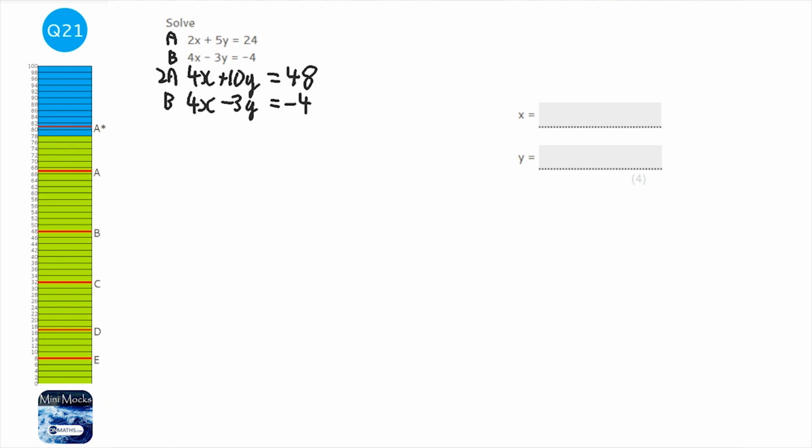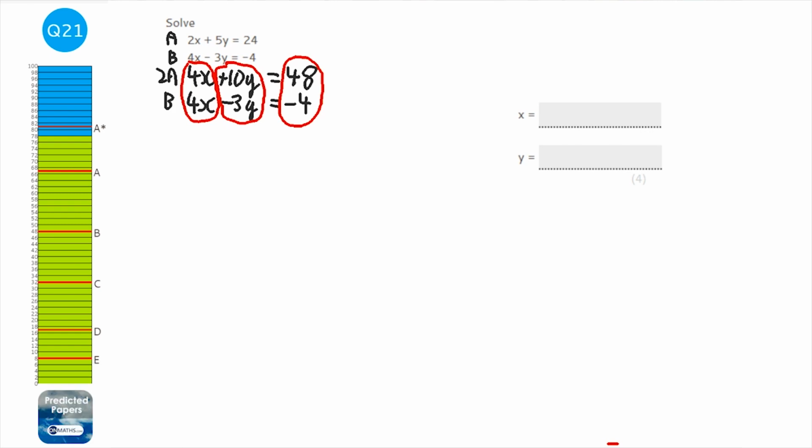Okay, now with simultaneous equations we work downwards. So we're looking at these two numbers here, these two numbers here, and these two numbers here. Be careful that you look at the signs as well. Now we want to get rid of the x's or the y's, but the y's are different coefficients, so we want to get rid of the x's because they have the same coefficient.